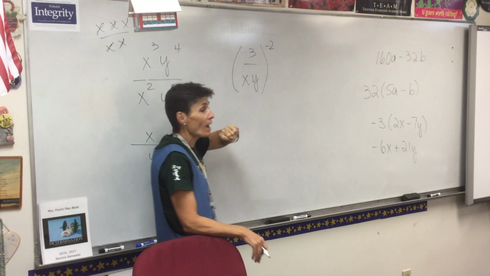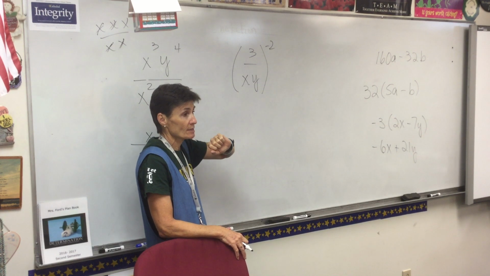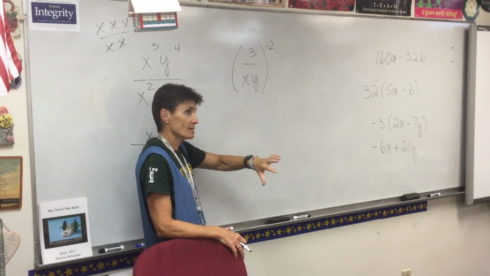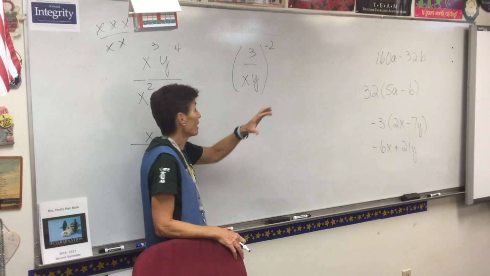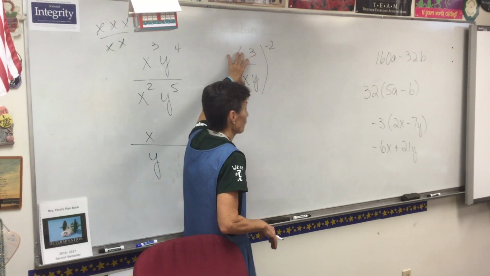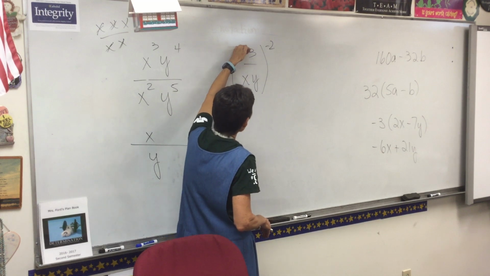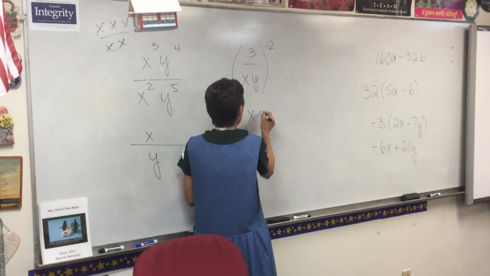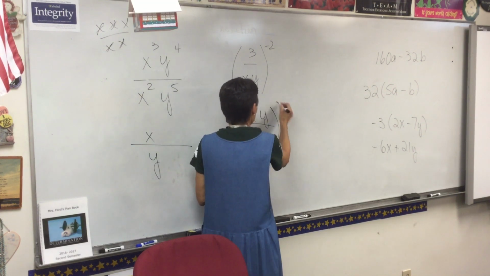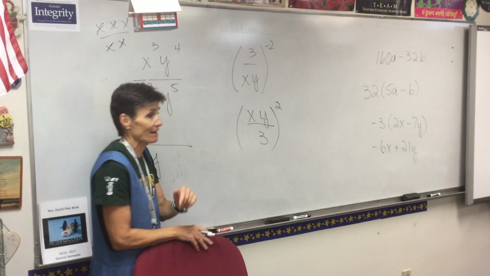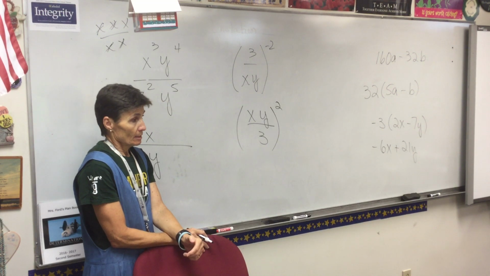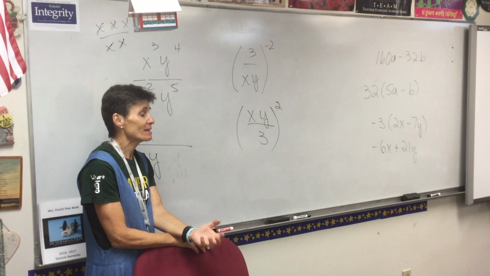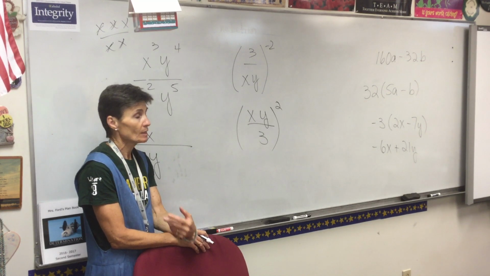Remember, when you have a negative exponent, if it's in the numerator, that moves that thing to the denominator and vice versa. So if you have a negative on the whole fraction, then this is going down and this is going up. So step 1, I would strongly recommend, is that. There's always more than one way to do the problem, but that makes it the easiest, I think.